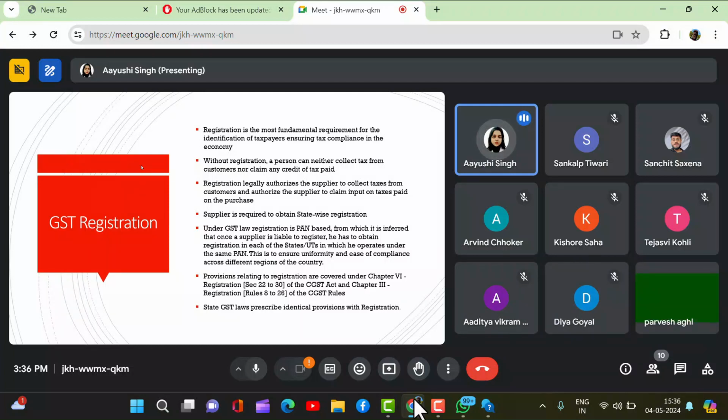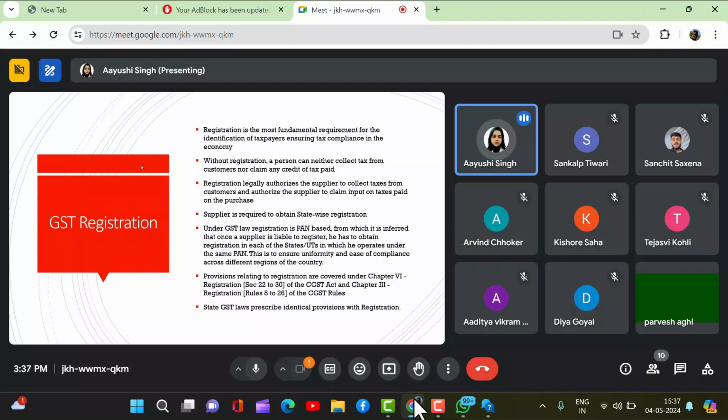Suppliers are also required to obtain state-wise registration. Under GST law, registration is PAN based, from which it is inferred that once a supplier is liable to register, he has to obtain a registration in each of the states as well as union territories in which he operates under the same PAN.